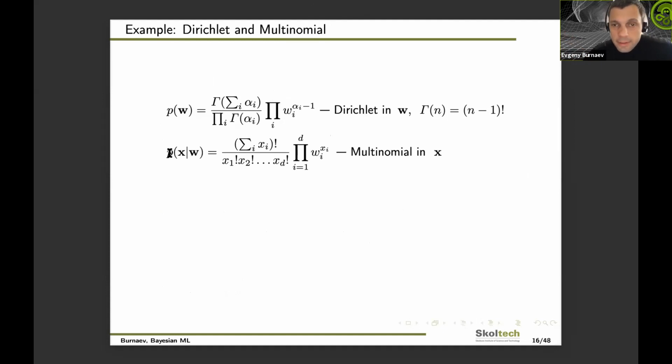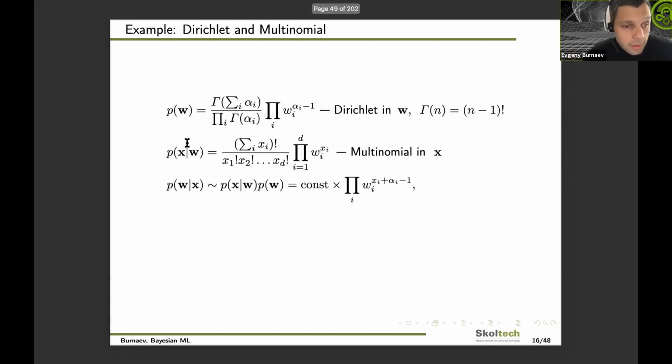And as I said, the likelihood function is described by the multinomial distribution in X. This is the formula for the multinomial distribution, the standard multinomial distribution. And so when we multiply the multinomial by the Dirichlet, we get a distribution which is equal to some constant value. So this is the normalizing constant.